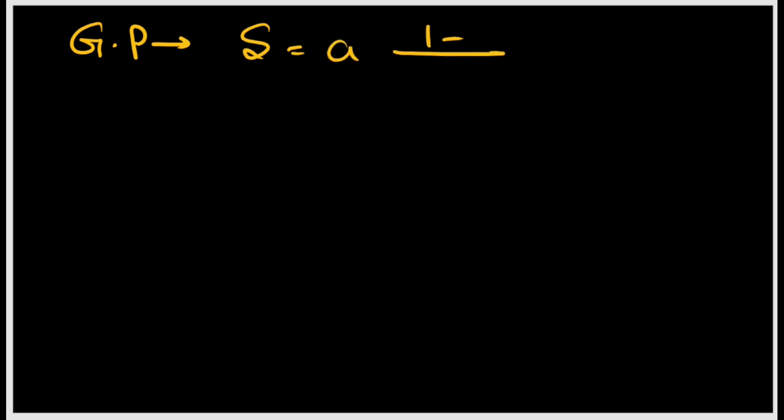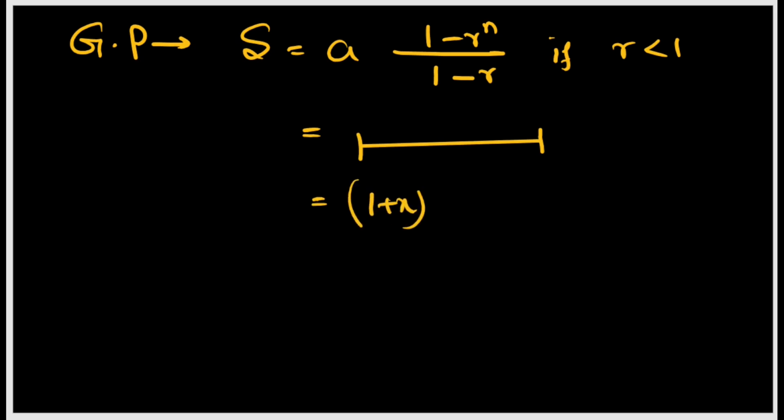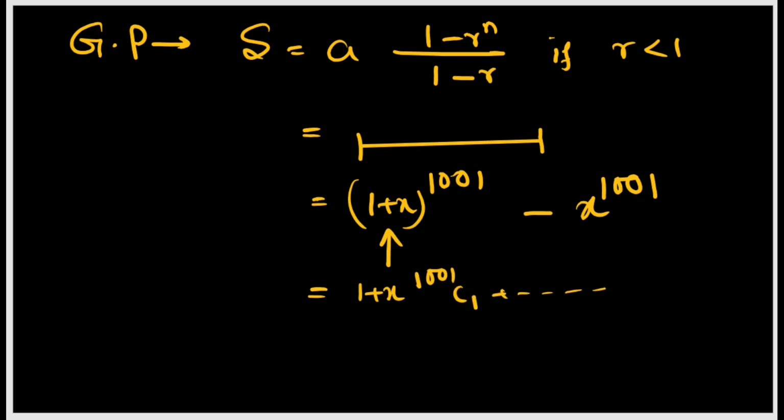In the overall question, we use the GP series, whose sum is S = a(1 - r^n)/(1 - r), because our r is less than 1. Then we find the sum of this GP series, which gives (1 + x)^1001 - x^1001. Then we expand this term in binomial coefficients, 1 + 1001C1 x up to the last term, minus x^1001.